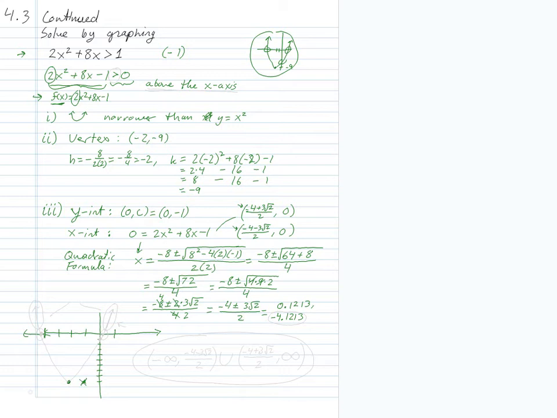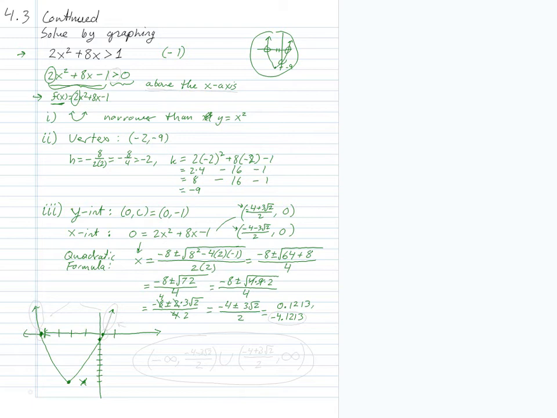Our y-intercept we know is at (0, -1), and our larger x-intercept, we'll plot that at 0.12, might not be exactly to scale. Our smaller, negative 4.12, somewhere in this area. And so if I connect up my parabola as best I can, that is what 2x squared plus 8x minus 1 would look like. Might be a little curvier than that, not that pointy.